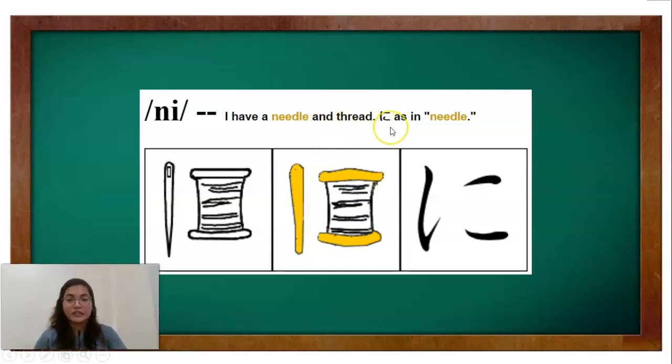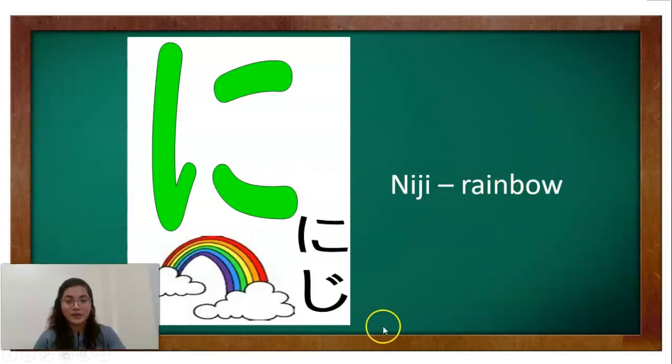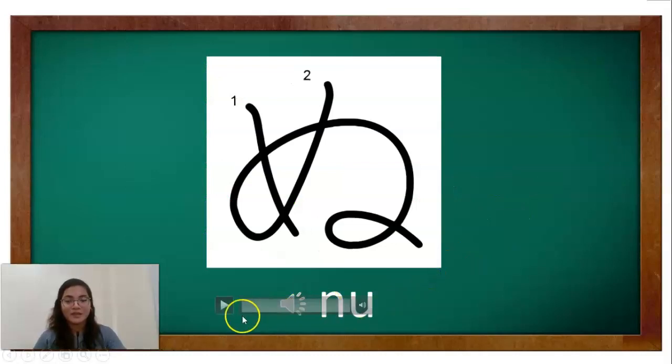So ni as in needle. Okay, here's an example word that starts with ni. Niji. Niji means rainbow.